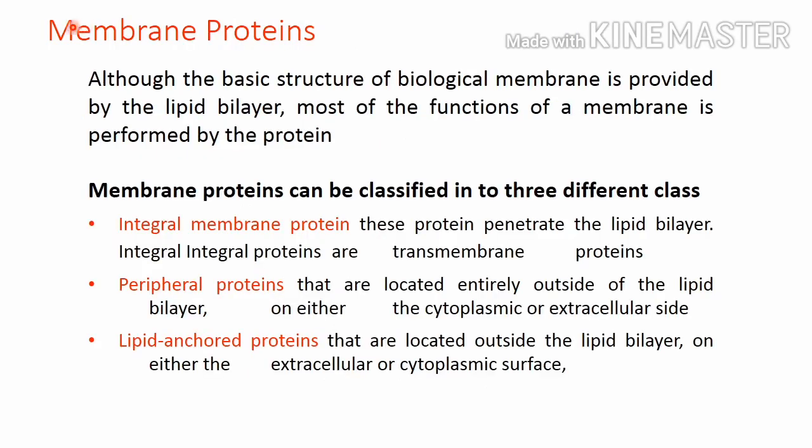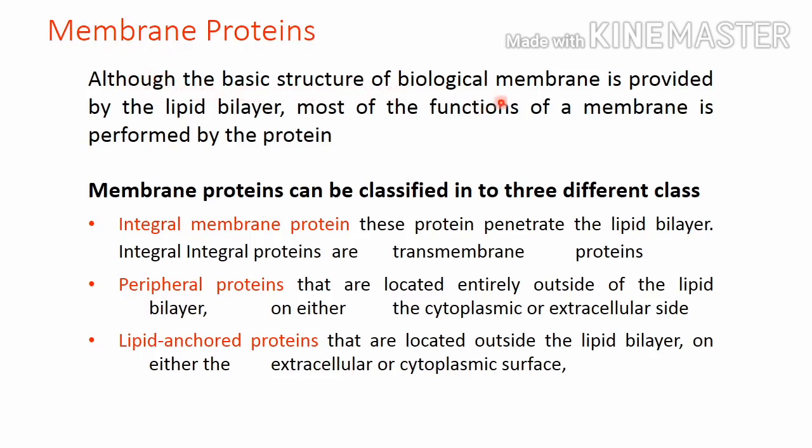Now the membrane proteins. As we know, a biological membrane has phospholipid, and besides phospholipid other molecules are also present in the plasma membrane or biomembrane, and protein is the second important component of a biomembrane.